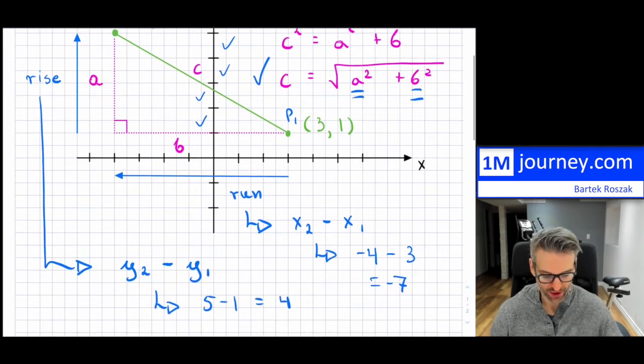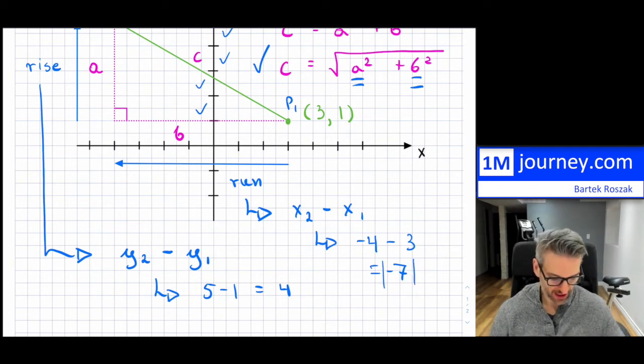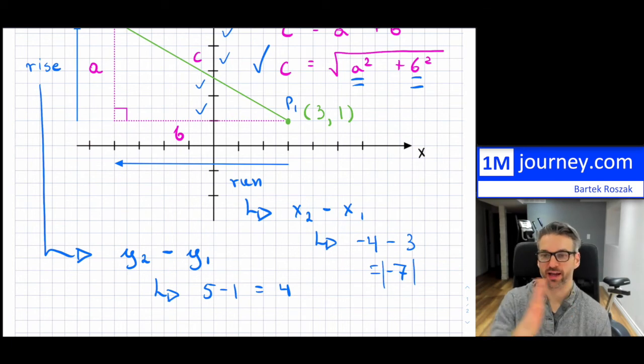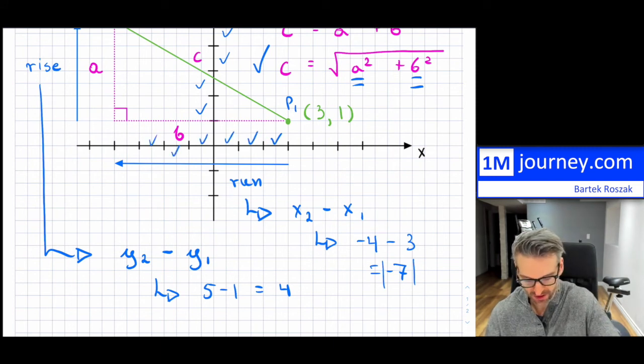Now, of course, the run or the length of a side can't be negative, but that doesn't matter. You just take the absolute value of this, and you know that the actual length is 7: 1, 2, 3, 4, 5, 6, 7.